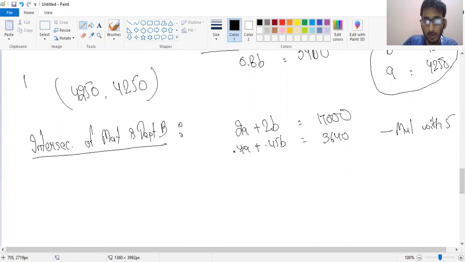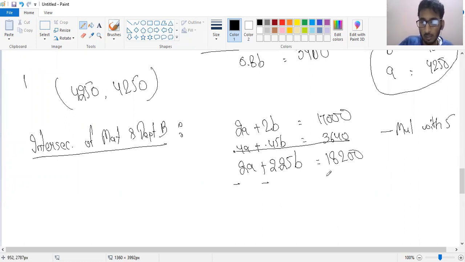If you multiply it with 5, it would be 2a plus 0.45 multiplied by 5, it would be 2.25b equal to 3640 multiplied by 5, it would be 18,200. Now change the sign, minus, minus, minus. So what would it be? It would be minus equal to minus 1200.